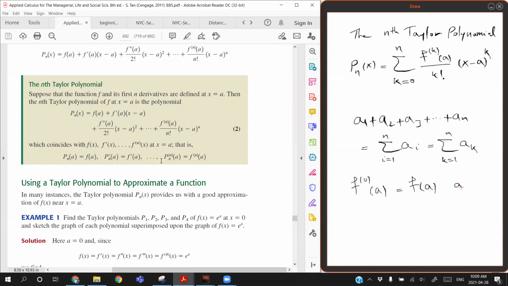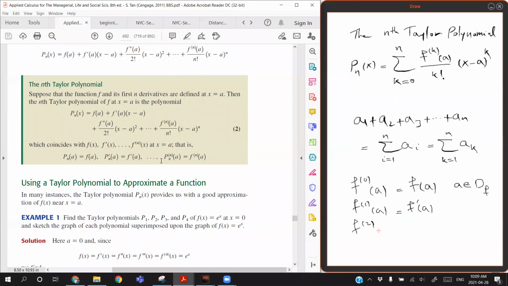And what is a? a is a number within the domain of that function, so any number that you can plug into that function and get an output. It's a fixed number, and you create your Taylor polynomial around that number a. What is f^(1)(a)? That's actually f prime of a, so it's the first derivative of the function of interest at a.